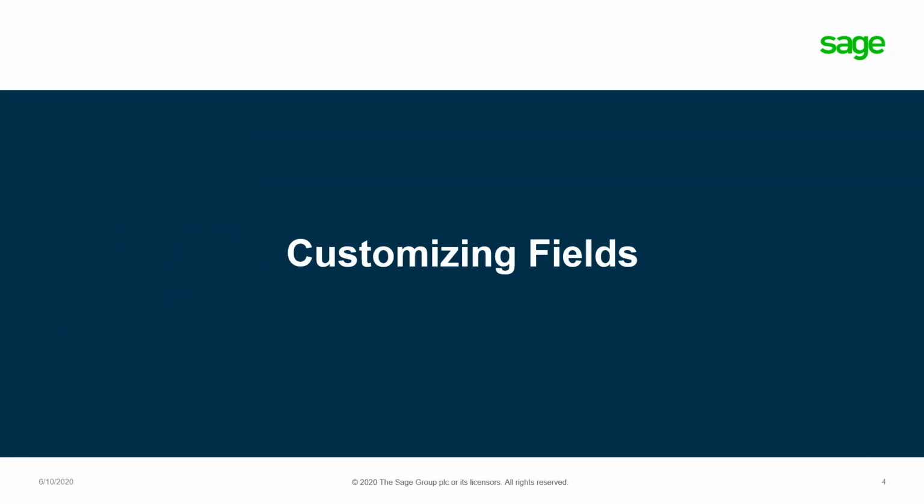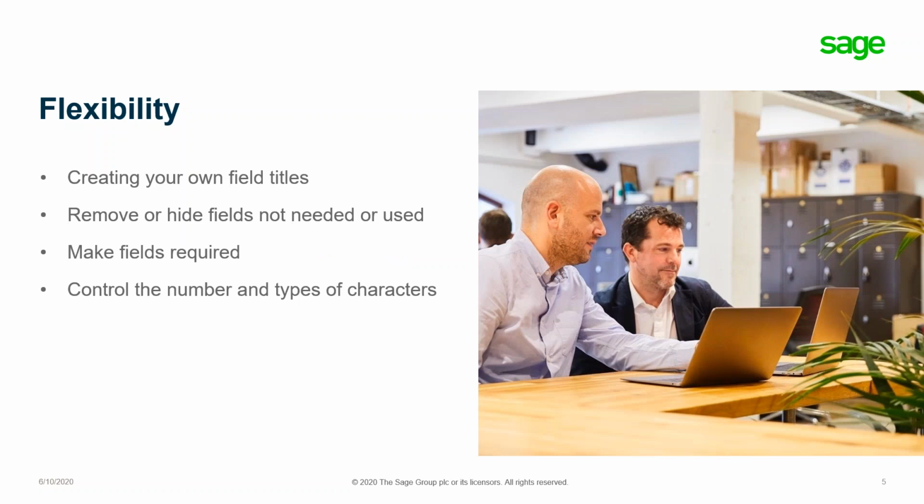So first on our list, customizing the fields. This feature, again, is so flexible in how it allows you to tailor the system to your type of organization. Whether you're in the manufacturing business or a service industry or retail, the field titles in the program may not match some of your company terms and names, so you can rename them.